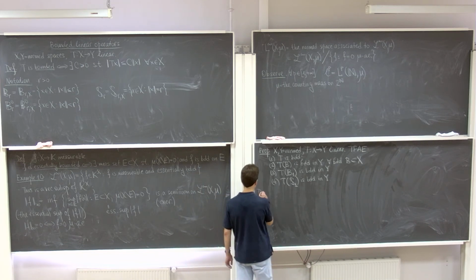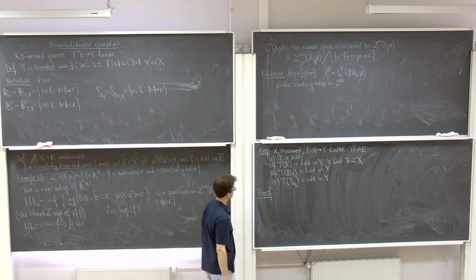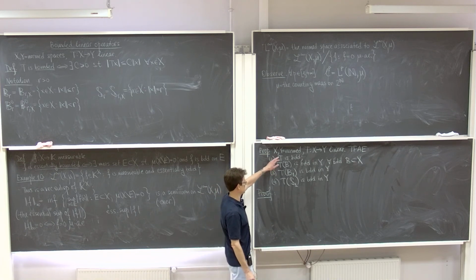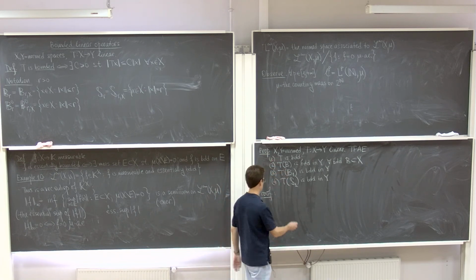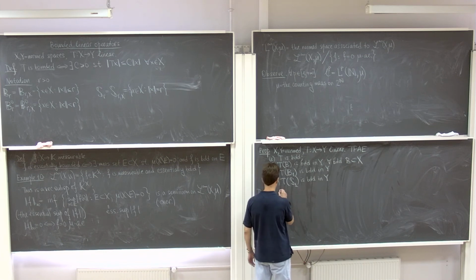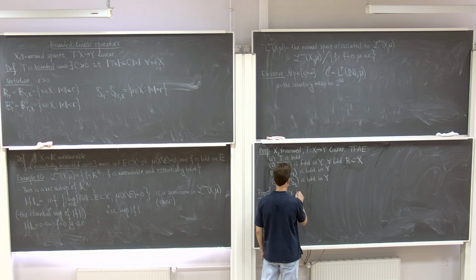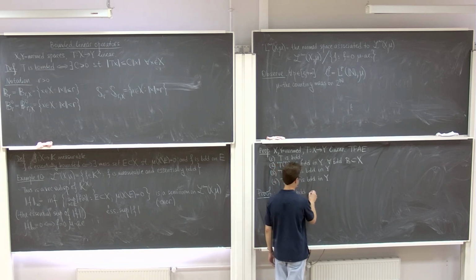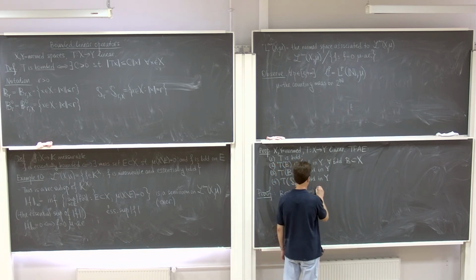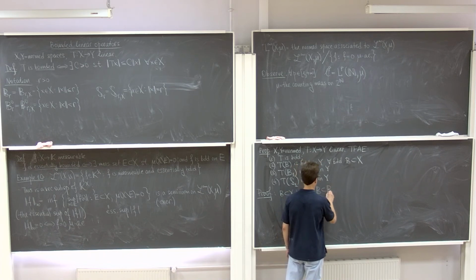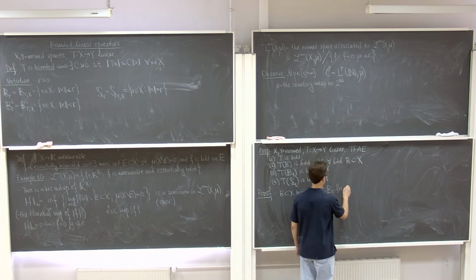Well, the proof is very easy. For example, to show that 1 implies 2, we take a bounded subset B of X. Since it is bounded, it is contained in a suitable ball centered at 0 of some positive radius r.